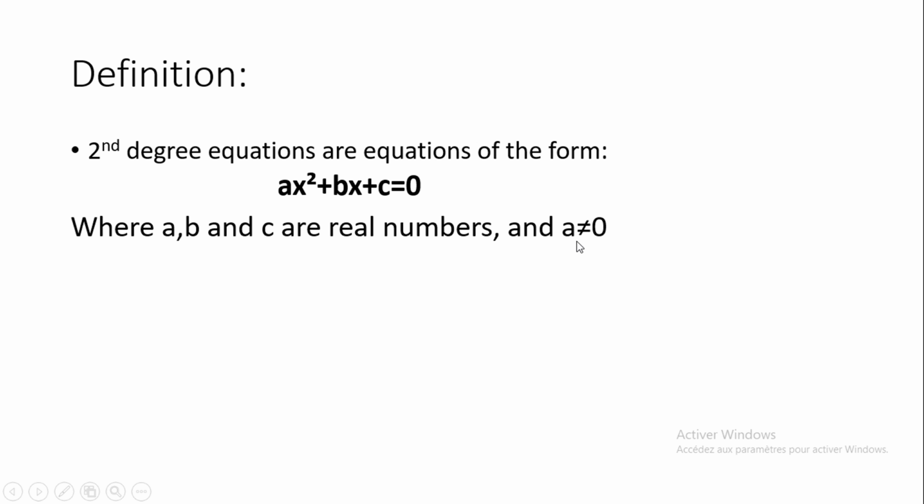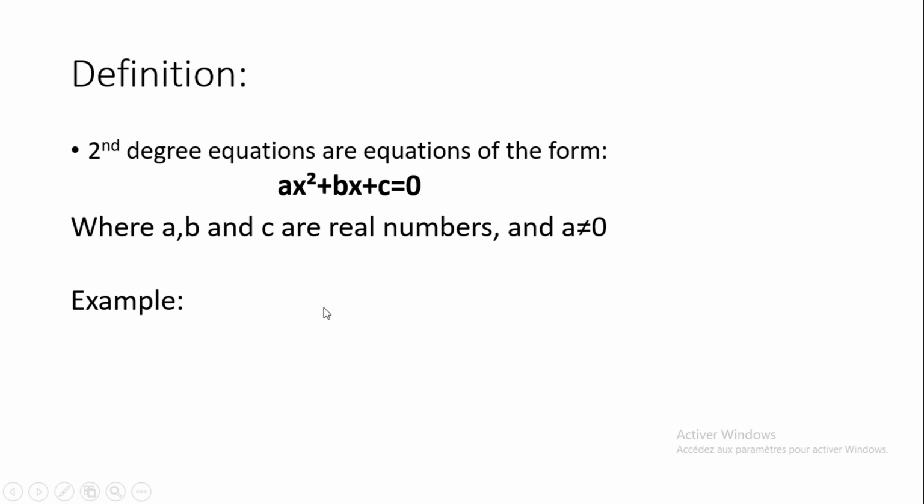To have a second degree equation, we must have a, b, and c as real numbers such as 1, 2, 3, minus 1, minus 2, minus 3, the square root of 2, pi for example, and we must have a different from 0. If a is 0, then it's not a second degree equation anymore, it will be a first degree equation, bx plus c equals 0.